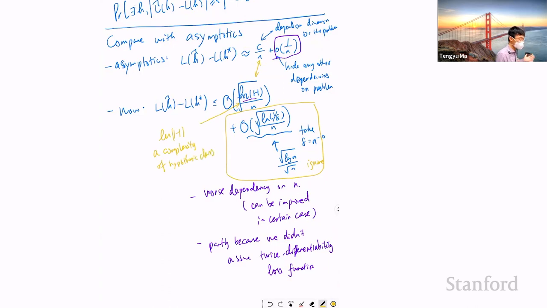If you have been to CS229, we talked about how you can overfit if you have too complex a function class but not enough data. This is, in some sense, a mathematical characterization of that. If your function class is too complex, so that log of H is too big, and you don't have enough data compared to log of H, then you may have a worse bound. On the other hand, suppose your log of H is small and your n is bigger than log of H, then you have a better bound, which could be meaningful.